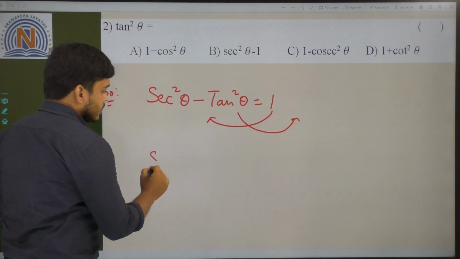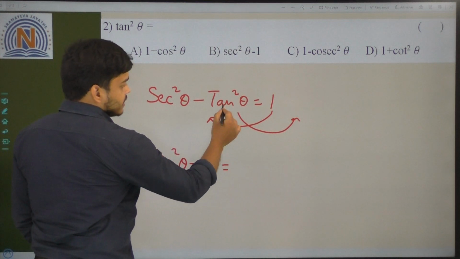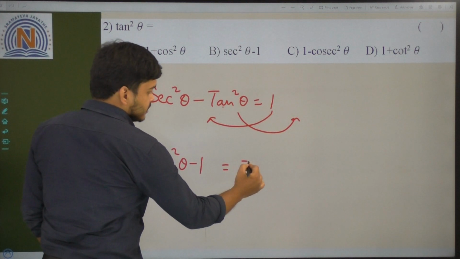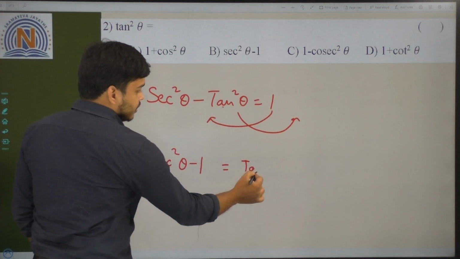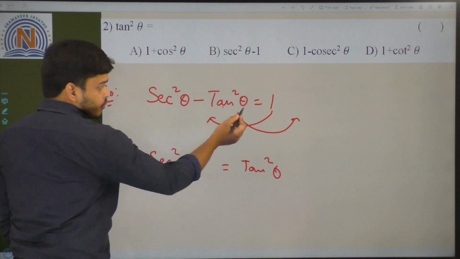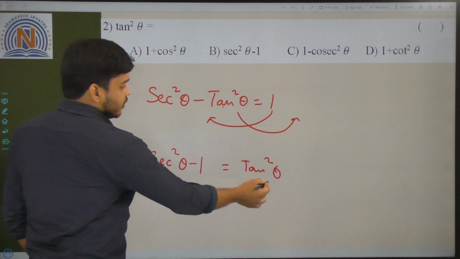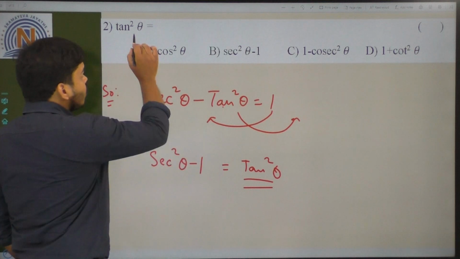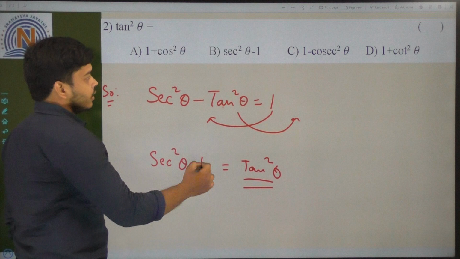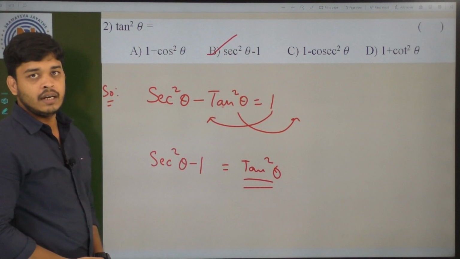So now secant square theta minus 1 is equal to plus tan square theta, and we are sending 1 to the left hand side, so plus 1 turns into minus 1. So secant square theta minus 1 we call tan square theta. Now tan square theta is equal to secant square theta minus 1. Now the option is B.